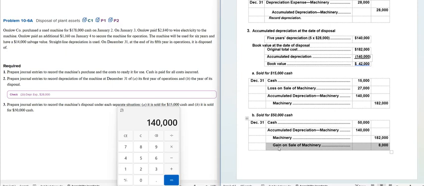Gains we differentiate from revenues because revenues are increases to our profits from normal types of operations: selling to customers, providing a service, selling inventory. Whereas gains are increases to our profits that are not part of our normal day-to-day operations. Right? We don't normally sell off our assets for a profit.